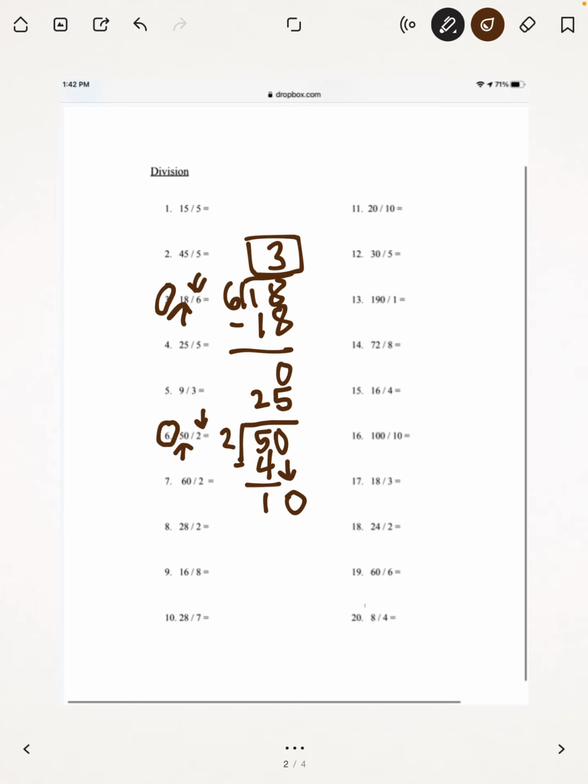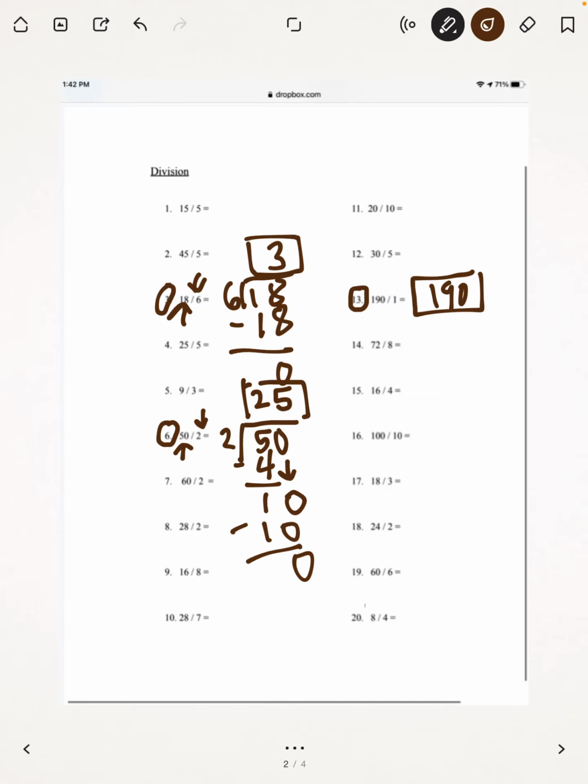And 2 goes into 10 5 times. We subtract 10, get 0, and our answer is 25. Next, we're going to be moving on to number 13. For this one, anything divided by 1 is the number you're dividing by. So since we're dividing 190 by 1, 190 is automatically going to be our answer.